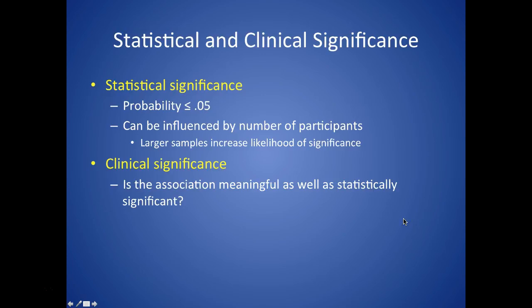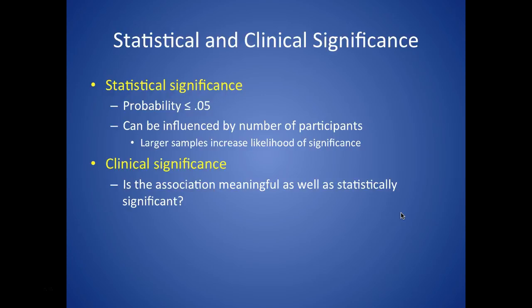Another concept is statistical and clinical significance. Statistical significance essentially means the probability that the results you observe between your experimental and control group were due to something other than chance.